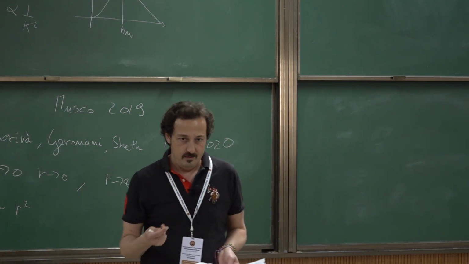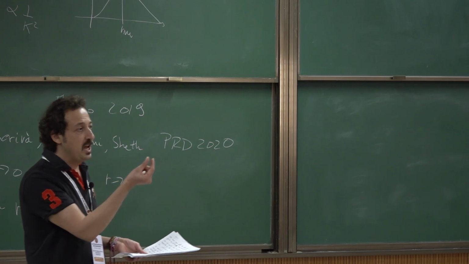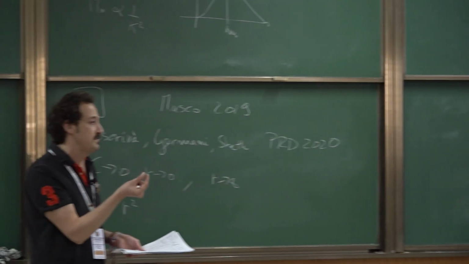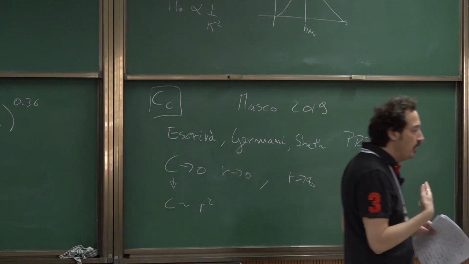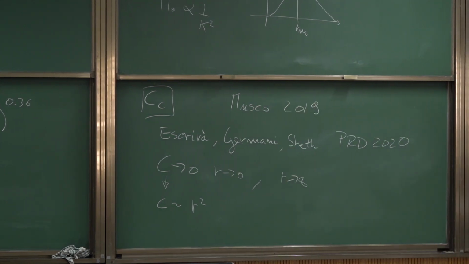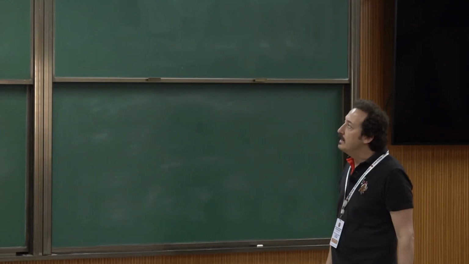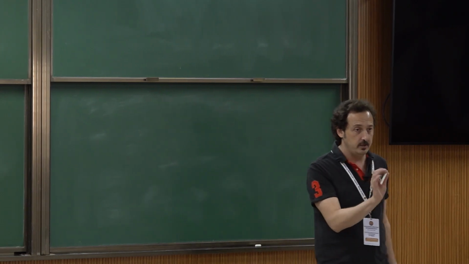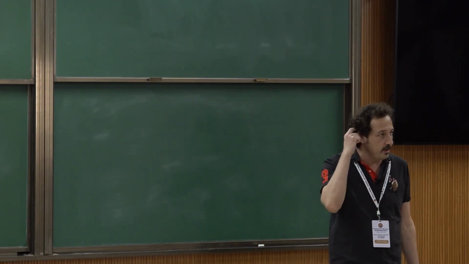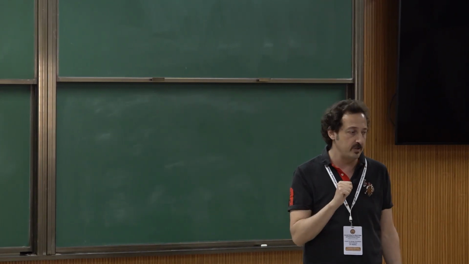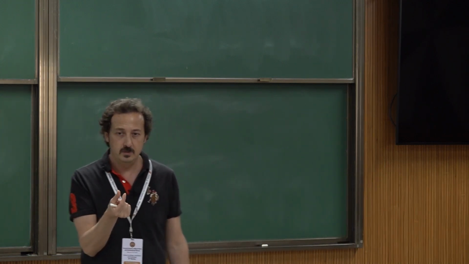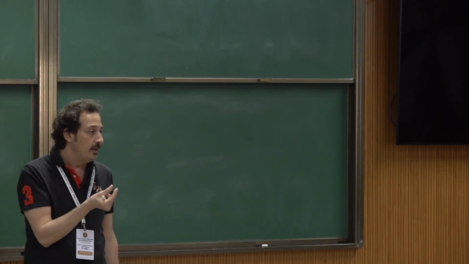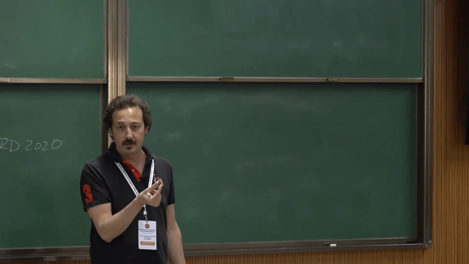So all the physics for the threshold is around the peak, because we are thinking about a very small shell that is collapsing.